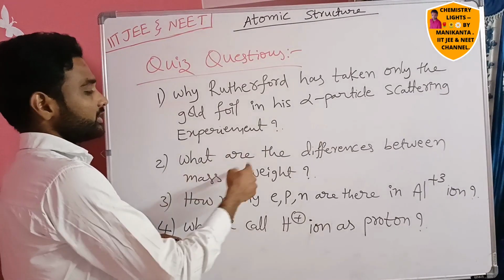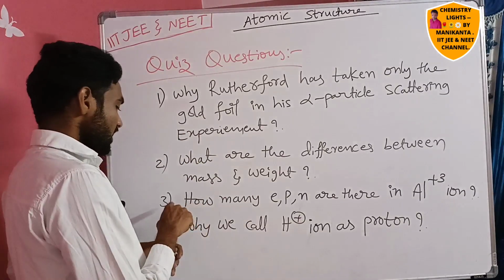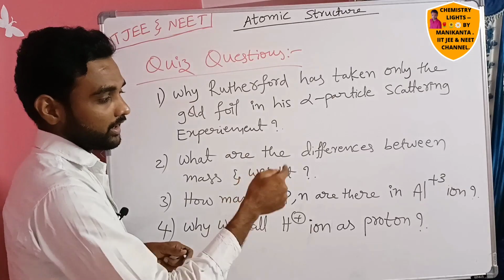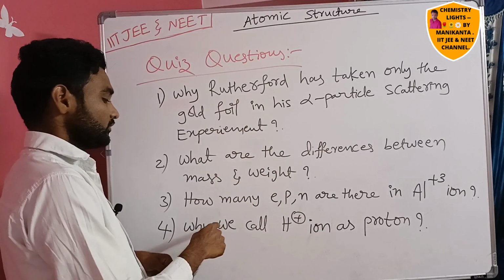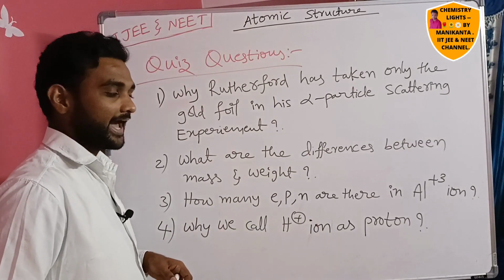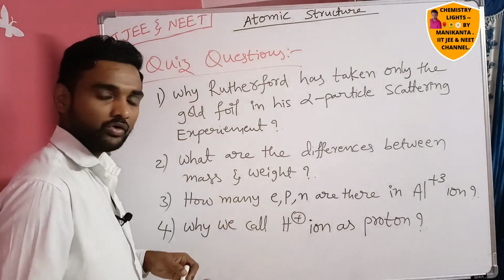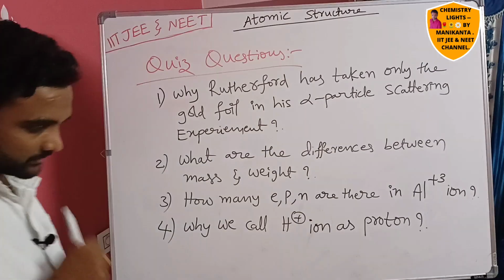Second: what are the differences between mass and weight? Third: how many electrons, protons, and neutrons are there in the Al3+ ion? Fourth: why do we call the H+ ion a proton? If you know the answers to these 4 questions, then comment in the comment section.